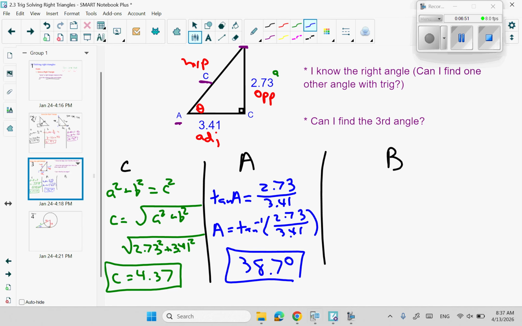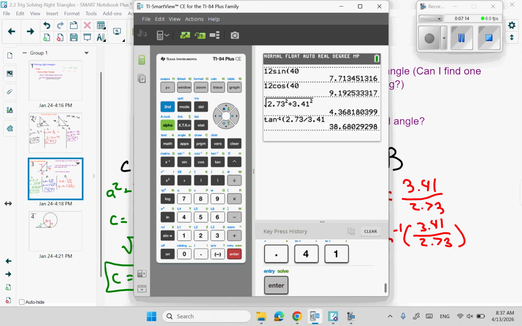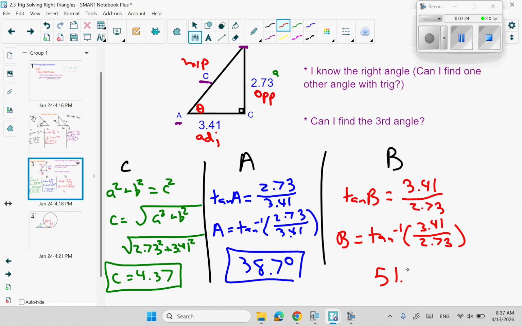And then B, I could say that all triangles add up to 180, or you could also do tangent as well. It's just that the opposite and adjacent flip. So now you have 3.41 over 2.73. So 51.3. Okay.